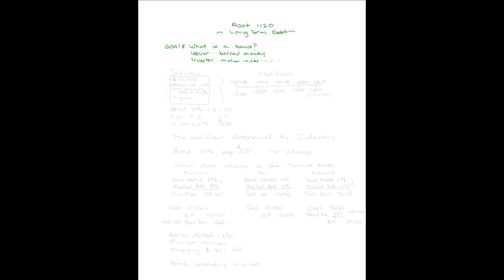We're going to look at the issuer side during this pencast because it is a chapter on long-term debt. We'll talk a bit about the investor side when we get to the investment chapter. So, what the heck is a bond? Let's break the mystery around it.